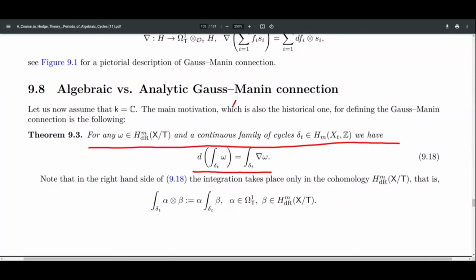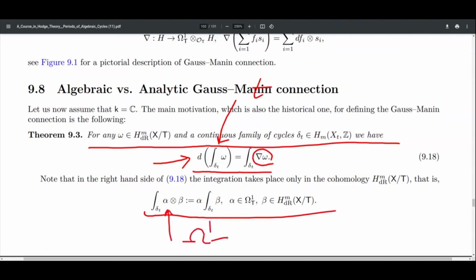These integrals will be holomorphic functions in t, so we can take their differential, and the differential will be the integral of ∇_{∂/∂t} of the value over omega, remembering that the integration is not taken in the Ω¹_T part. These are just constant, and it is taken in the cohomology bundle part of the element.